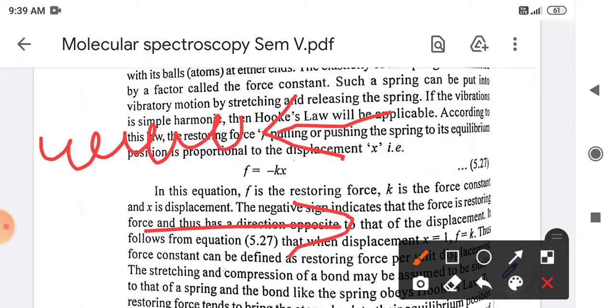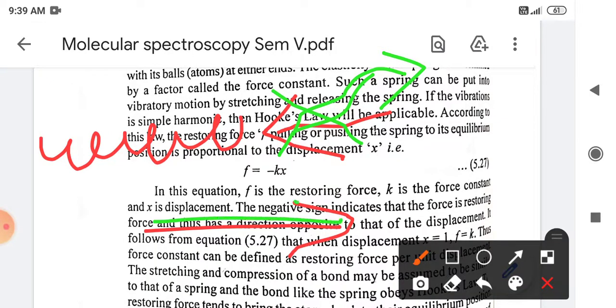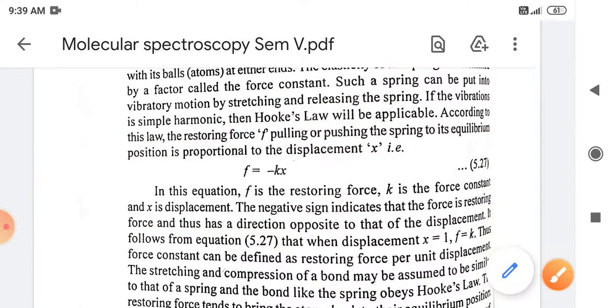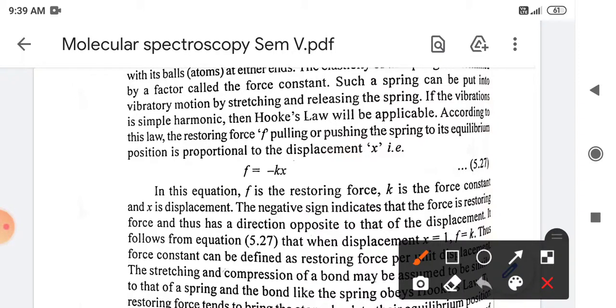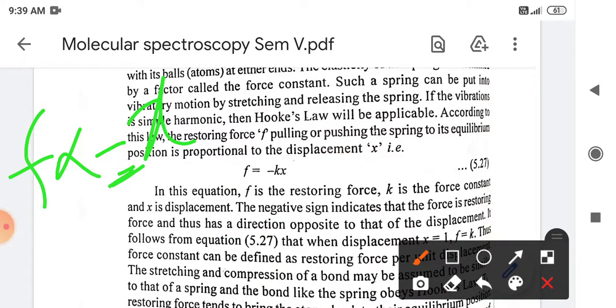After we have removed this force, the displacement will be in the opposite direction of the force we applied, because the spring will try to stretch to its full length and try to become at an equilibrium position. So we can say that force is directly proportional to x, but with a minus sign. So what does the minus sign indicate? The direction of displacement. The force and displacement are always in the opposite direction.